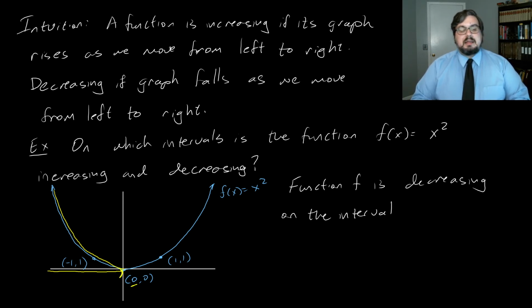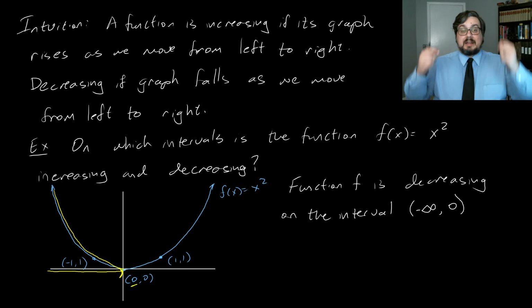Furthermore, at least here, we are only going to ever be considering open intervals for a function being increasing or decreasing, meaning that we're never including the endpoints. All of our intervals will just have parentheses on the outsides. So this function f is decreasing on this yellow interval on the x-axis, which is the interval from negative infinity to 0.